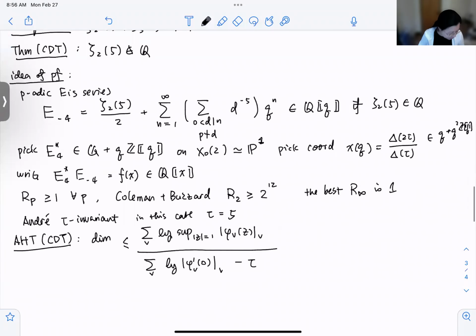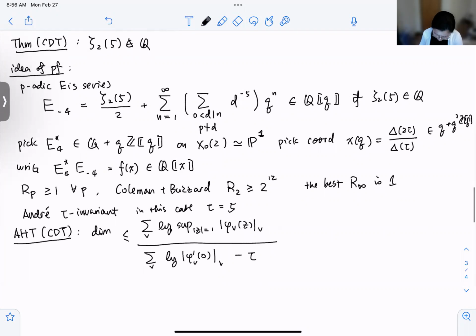Okay, and with all this information, great, now we can actually try to get a dimension bound. We want to get a contradiction, so we need some lower bound and we need some upper bound. Let me first talk about the lower bound part.